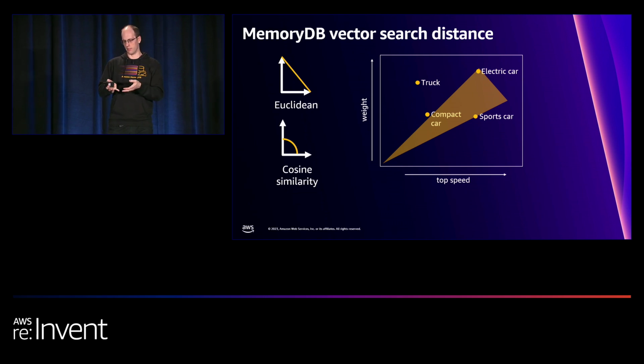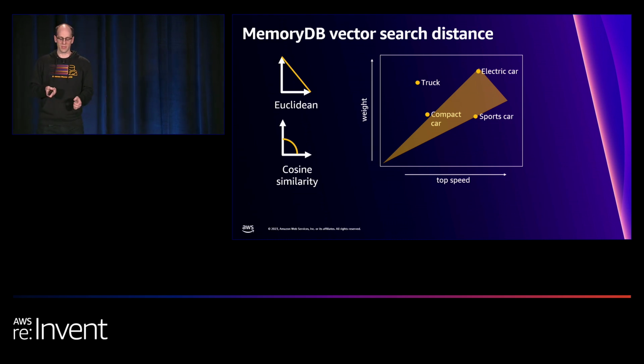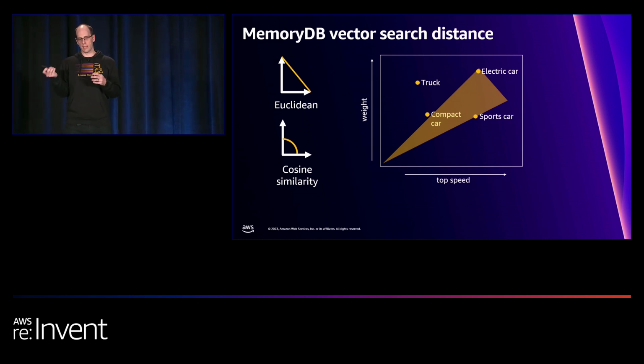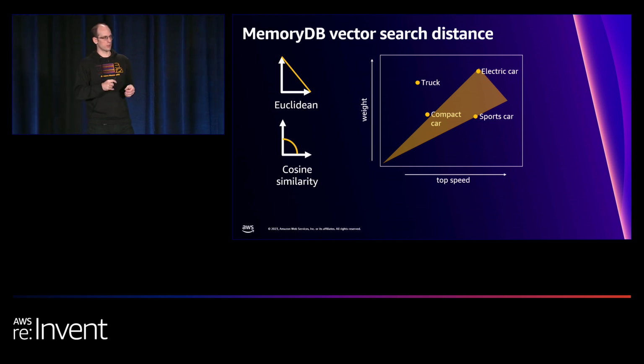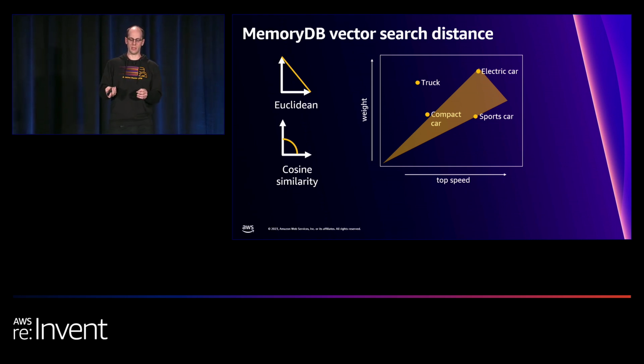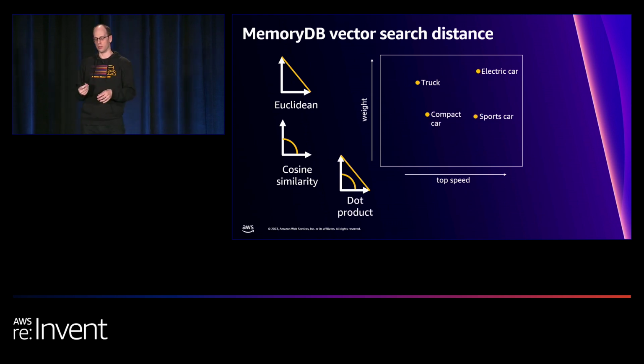So it means that they'd be less similar if we were to do a vector similarity search using cosine. In practice, for text search and documents, we generally use cosine. The third measure that we support is dot product, which kind of combines the 2.